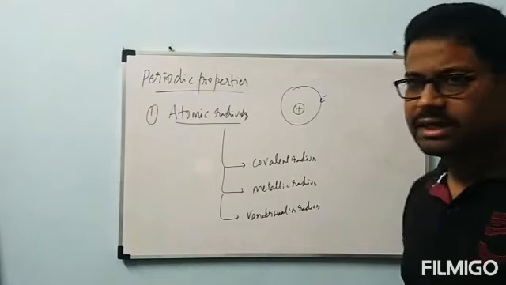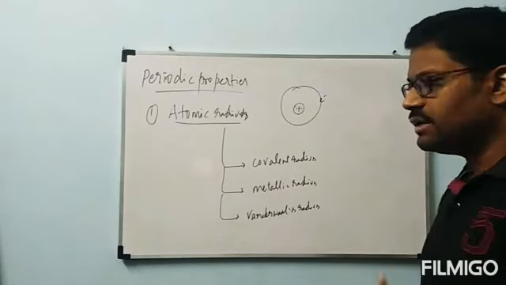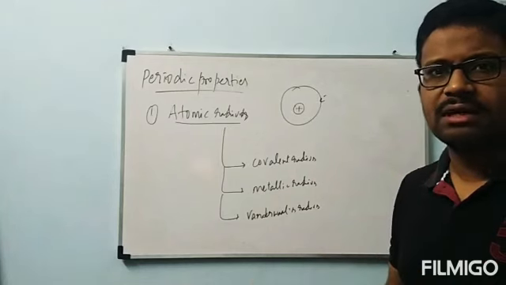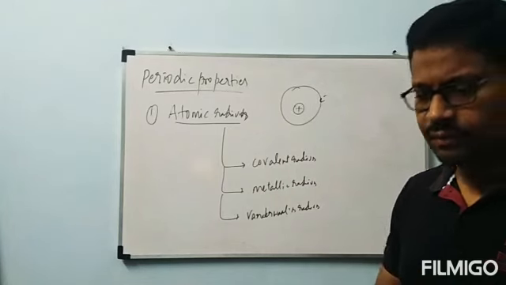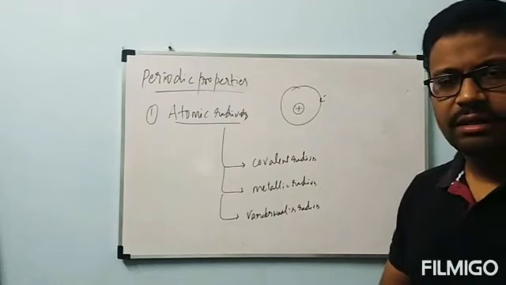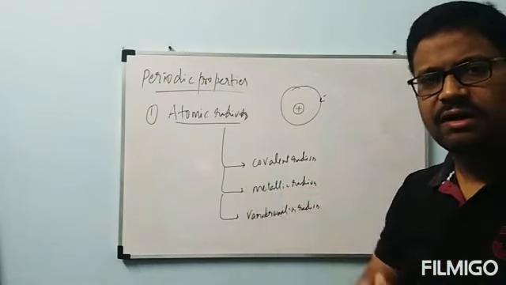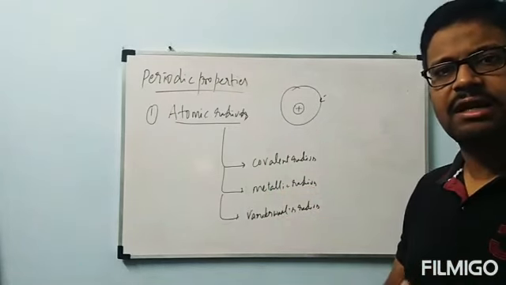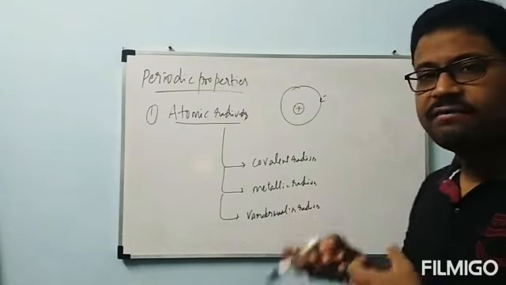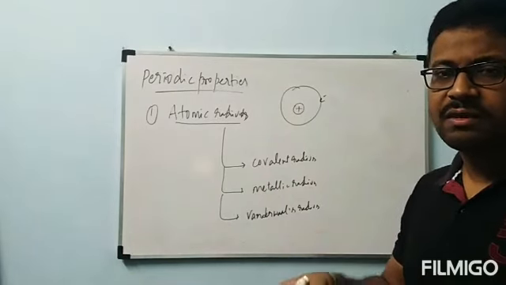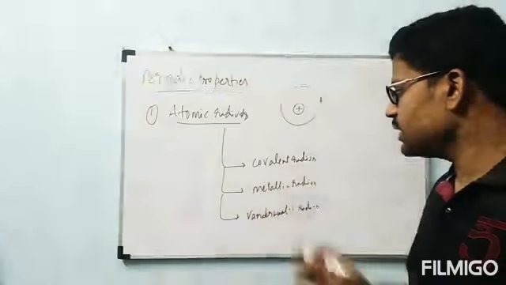Coming to covalent radius, generally non-metal and non-metal atoms are involved in a covalent bond. The radius obtained from an atom involved in a covalent bond is the covalent radius.